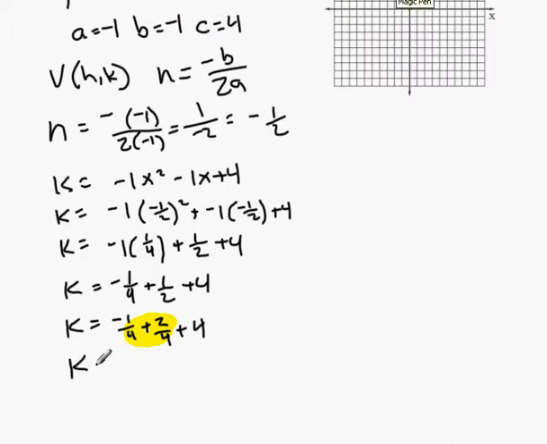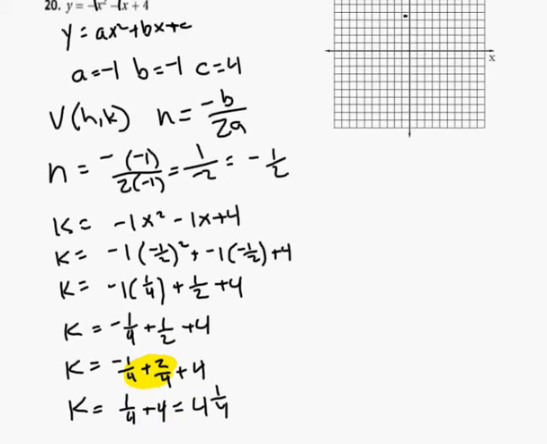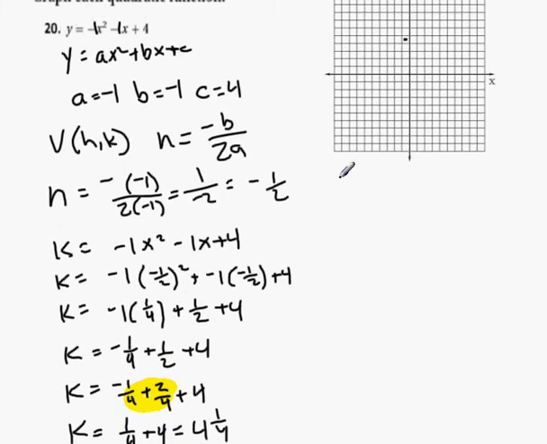So now I have k is equal to 1/4 plus 4, which is 4 1/4. So my vertex then, which is h, k, is actually -1/2, 4 1/4. So -1/2, 4 1/4, that's the point right there.